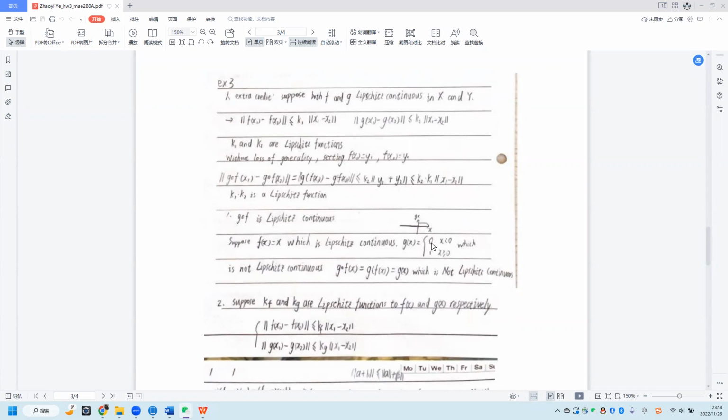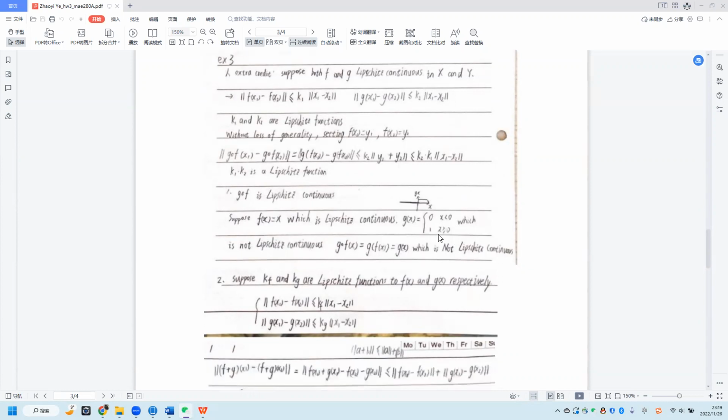We suppose g(x) is equal to 0 when x is smaller than 0, and g(x) equals 1 when x is larger than or equal to 0. From this, we have g circle f(x) is equal to g of f(x), which is equal to g(x). And g(x), as we have shown here, is not continuous, so it is not a Lipschitz continuous function, which is the counterexample of the first one.